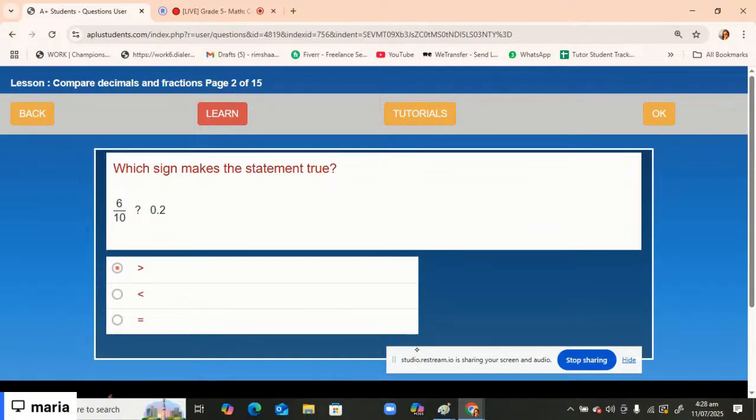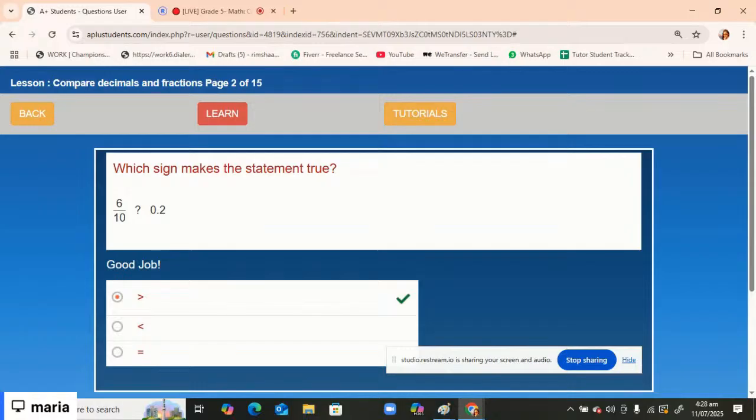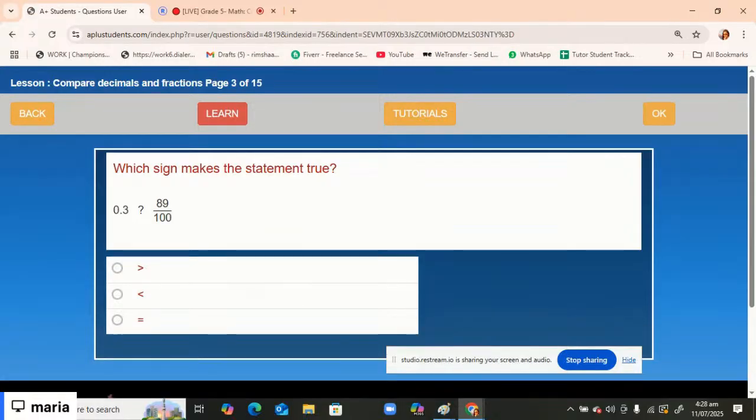So we put 0.6 is greater than 0.2, and this is the right answer, okay?